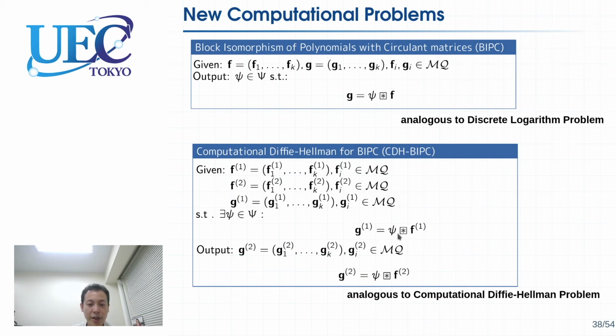The problem requires us to output another multivariate quadratic polynomial G2, which has a similar relation to F2. So the relation between G1 and F1 should be the same as the relation between G2 and F2.